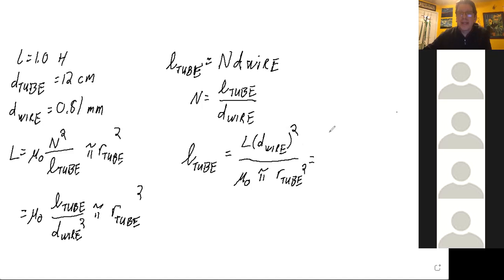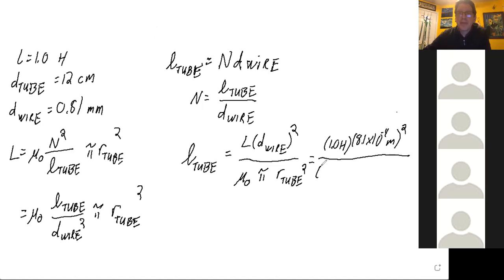So that's 1.0 henries. The diameter of the wire, that's 8.1 times 10 to the negative 4 meters, and you're squaring that.